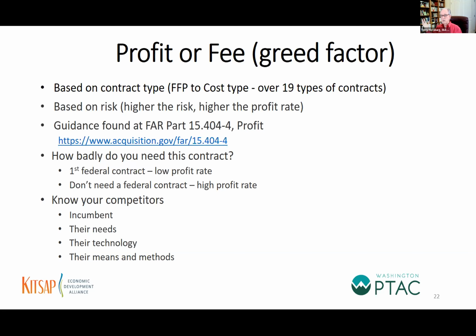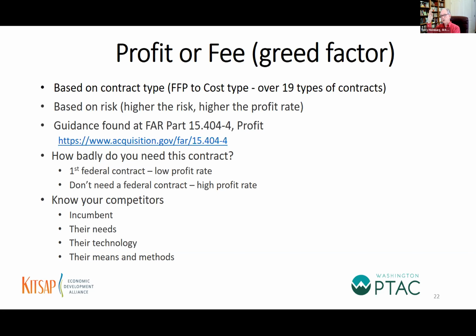So the government agency's contracting officer has a number of capability statements from companies out there, and they're looking down at the bottom right-hand corner of the front page of the capability statement, and they're saying, okay, you work for the state, you work for Boeing, you work for Microsoft, but I don't see any federal agencies here.